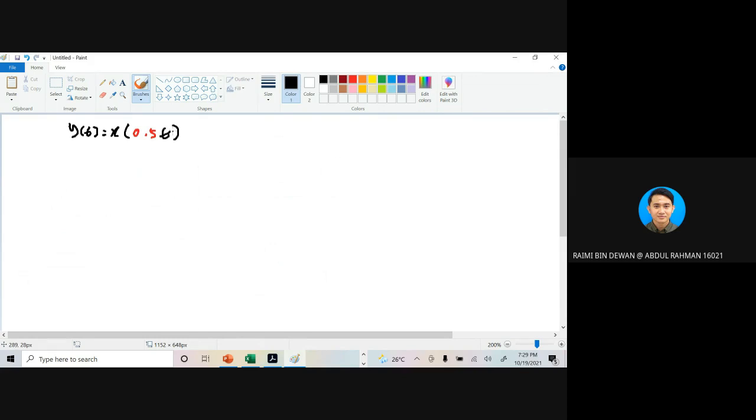You can see that your a here, remember I said take the modulus, which is only the magnitude, so your a is actually 0.5, which is less than 1.